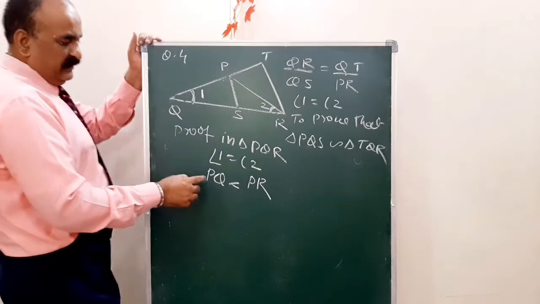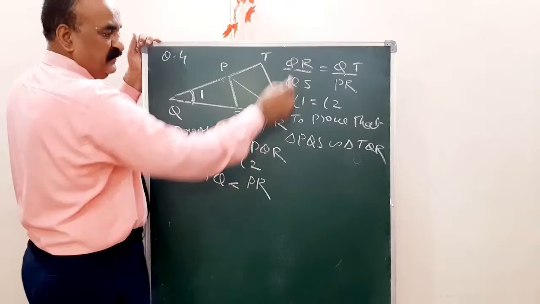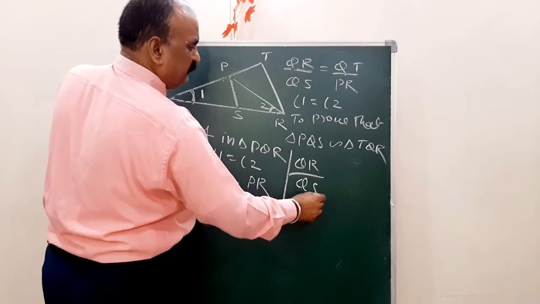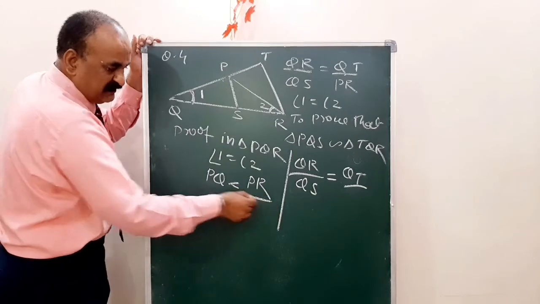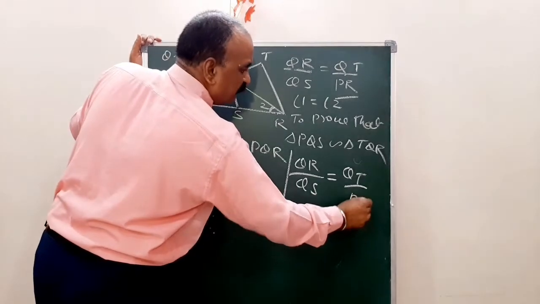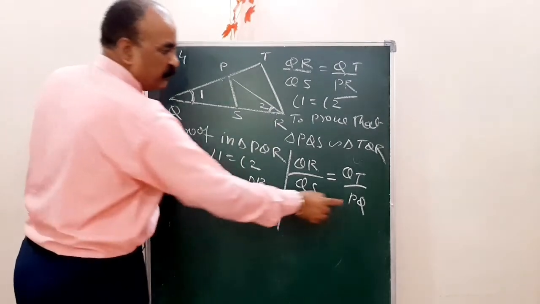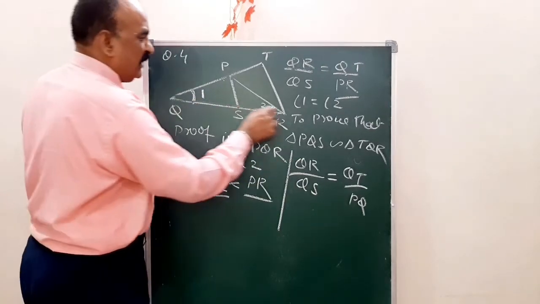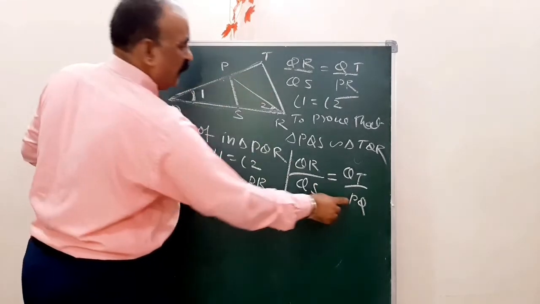Now see, in place of PR, you can put here PQ. In QR upon QS is equal to QT upon PR, since PR is equal to PQ, in place of PR you can put PQ. Now QR upon QS is equal to QT upon PQ.